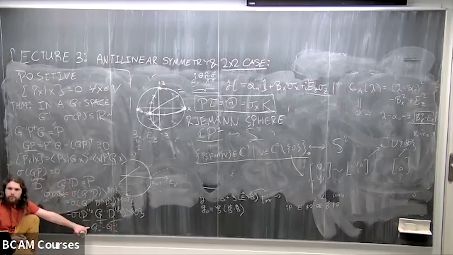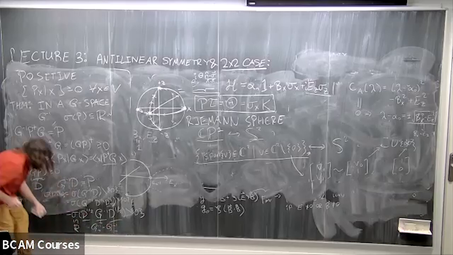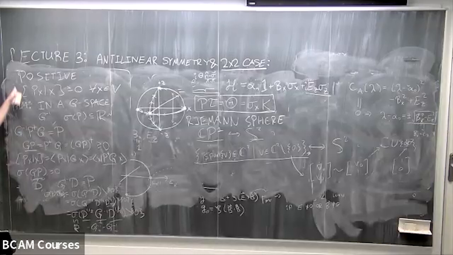Conjugating this positive operator by D^(1/2) will just give you a different positive operator with positive spectrum. Conjugating the other one also gives you a positive operator. But if I take a difference of two positive things, I might get a real number instead of a positive number. So therefore, this is real. So the spectrum of positive operators is real in G-spaces.